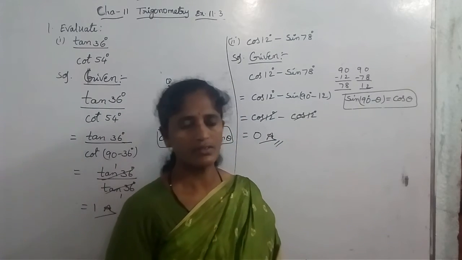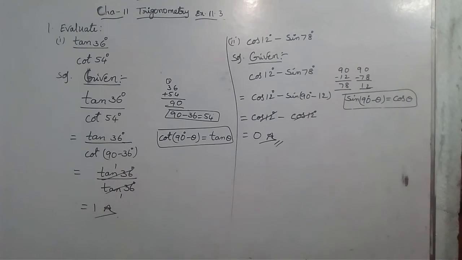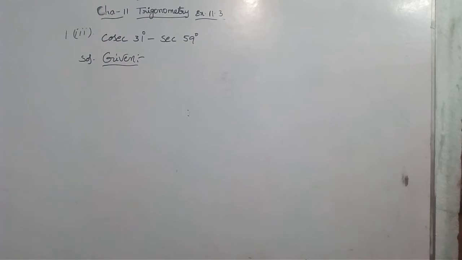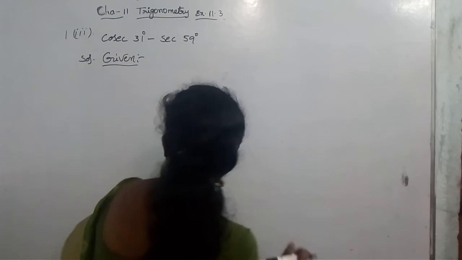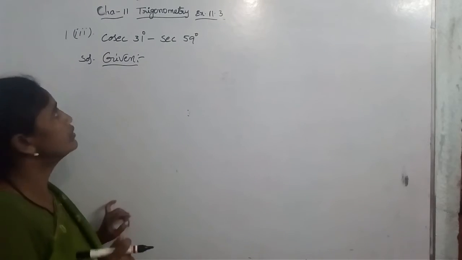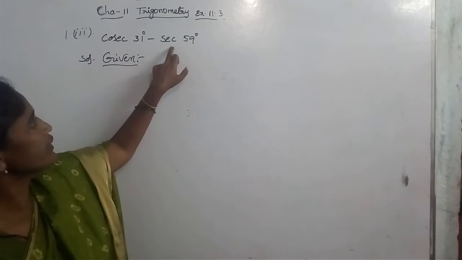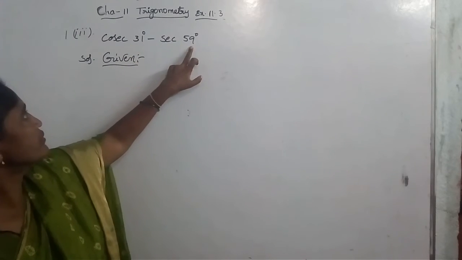Okay, students? In this problem, cosecant 31 minus secant 59 is given. What have they given?